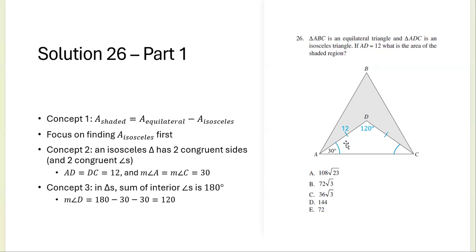Okay, so since this is 30 degrees, this is an isosceles triangle, which means that 2 of the sides are congruent, which means they're the same length. And the angles that are opposite to those congruent sides are congruent as well. So since this is 30 degrees, this one over here is going to be 30 as well. Okay?